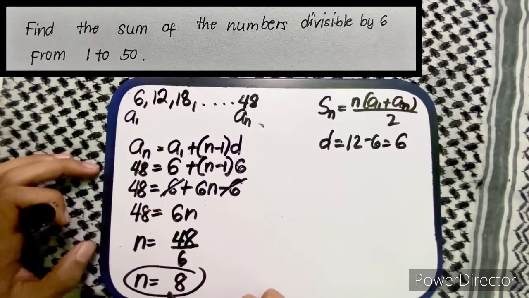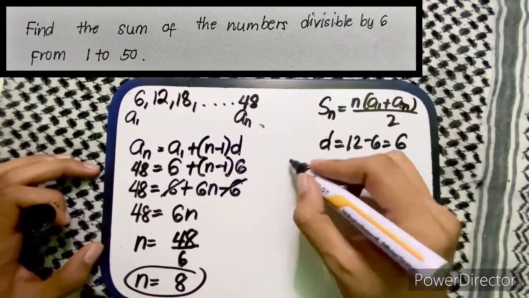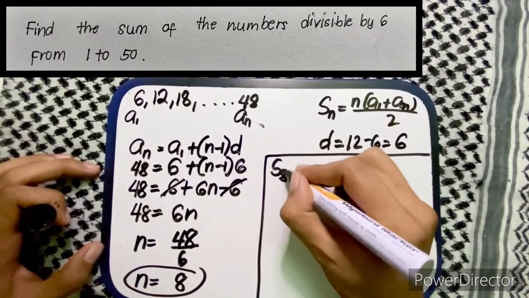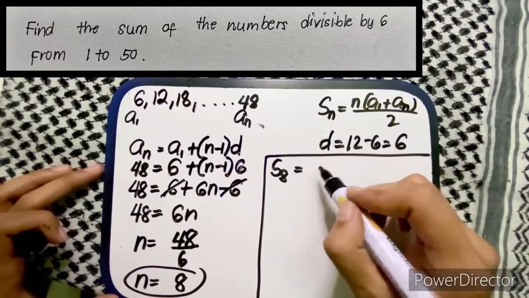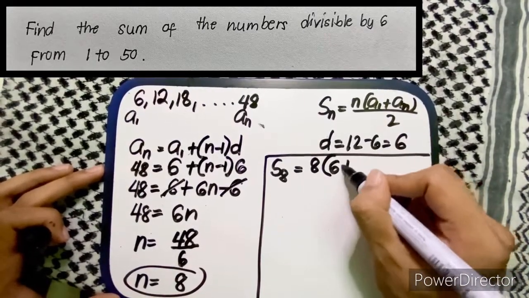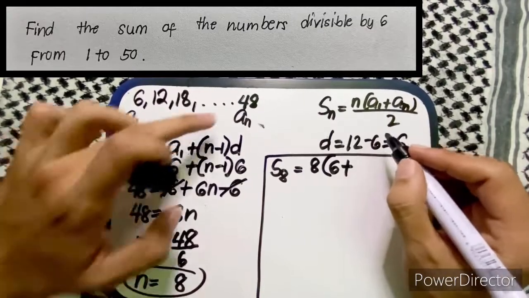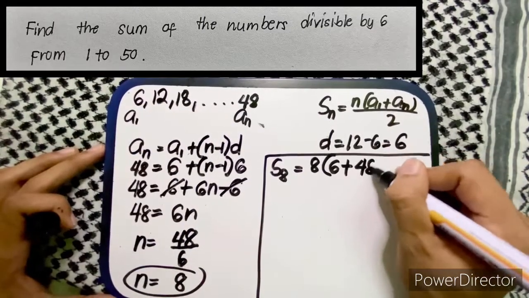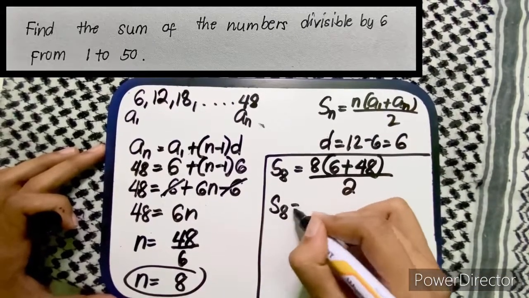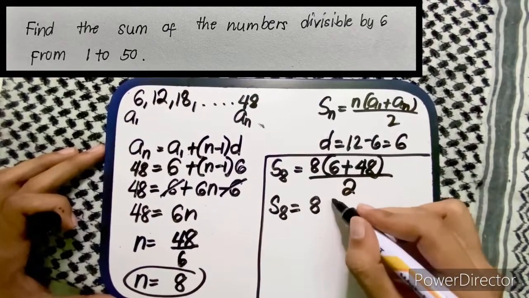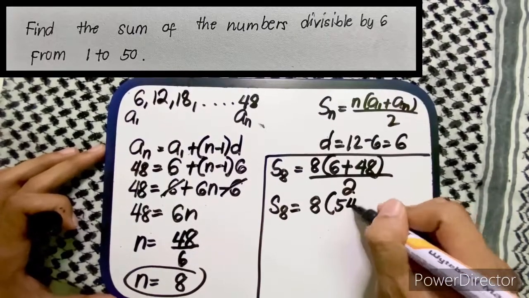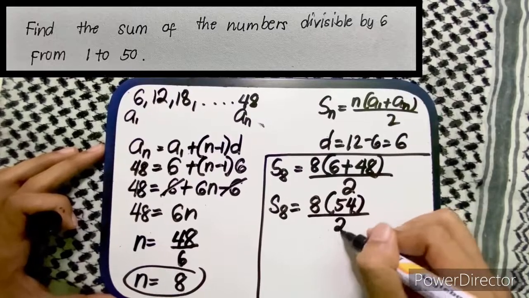So we'll use this n in this formula, because we need to get the sum. So s sub 8, because our n is 8, equals 8 times a sub 1 is 6 plus a sub n is 48, over 2. So s sub 8 equals 8 times 6 plus 48, that is 54, then over 2.